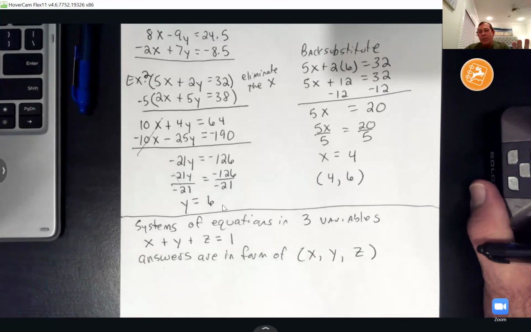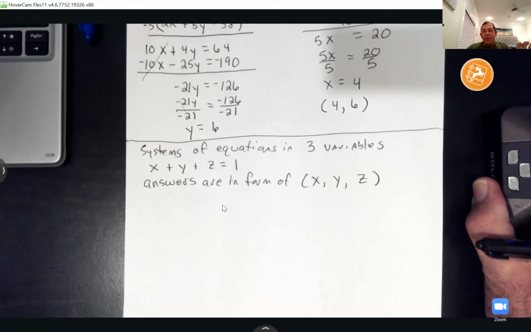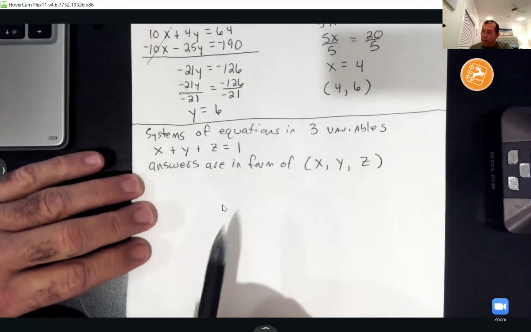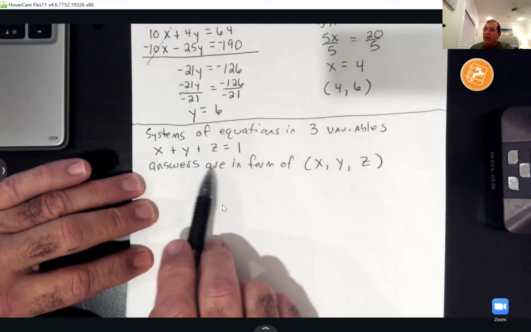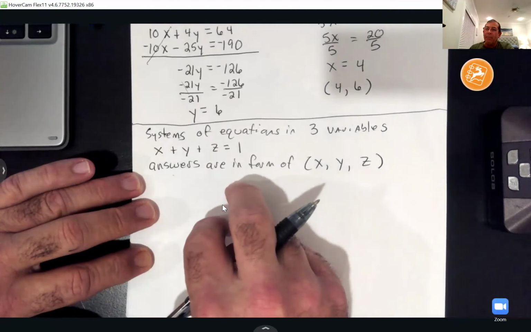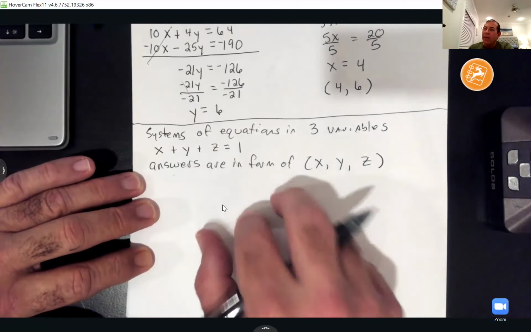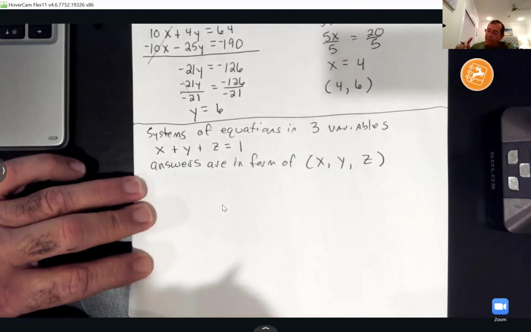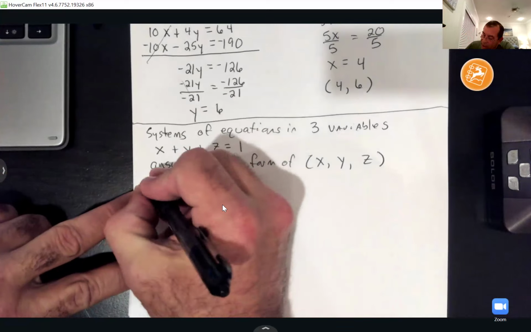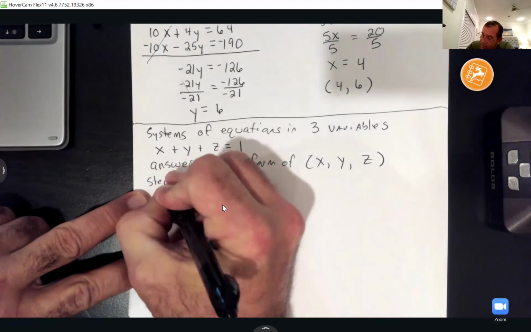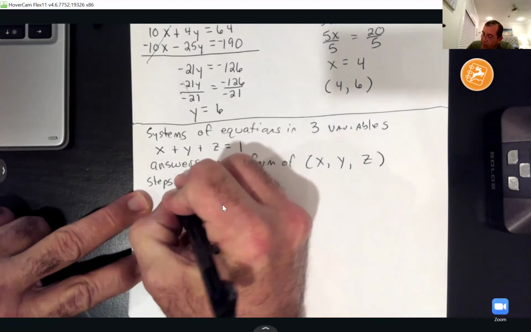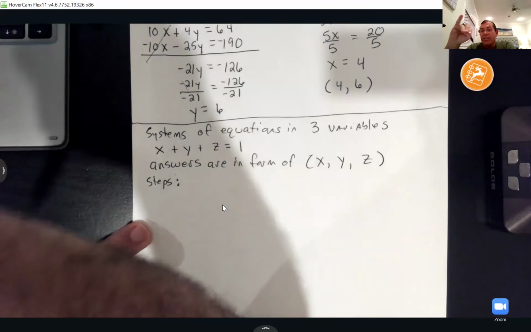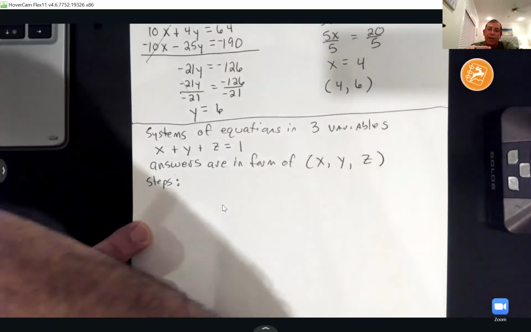Now, these are a little bit different because I've got 3 variables. So by doing the elimination one time, that's not going to get rid of everything I need, okay? So here's what we got to do on these. We got to turn these 3 variable equations into a system of 2 variables.